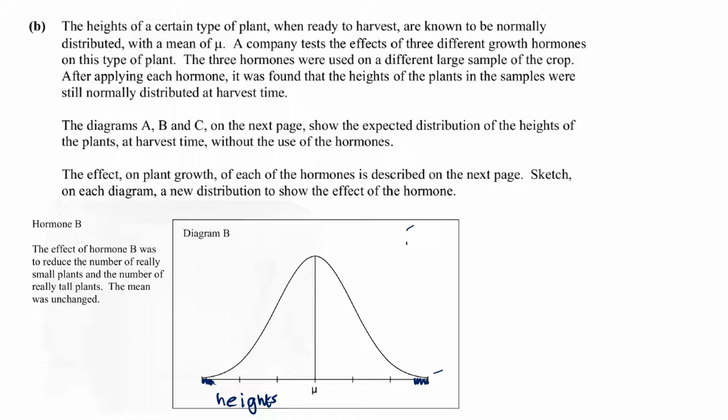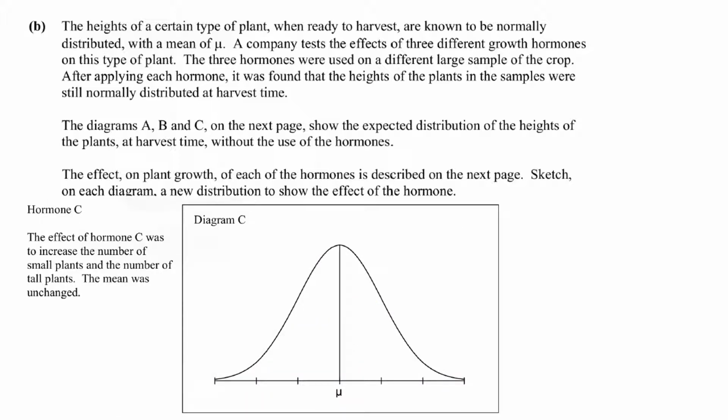Okay? But the same number of plants. So effectively what happens is the mean is still coming up here, but it doesn't go as far out. So we get this idea of a skinnier distribution. Okay? But my mean is still there. So it's kind of brought up the center. It's made it much more narrow, a taller, skinnier version here.